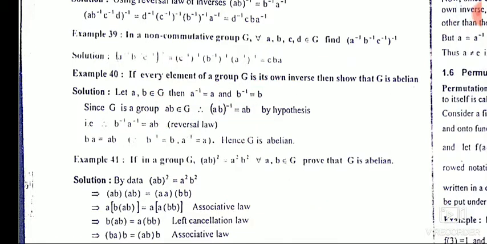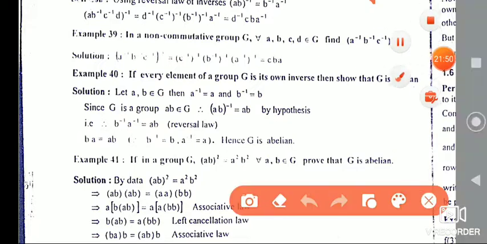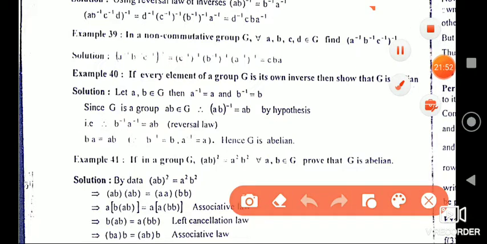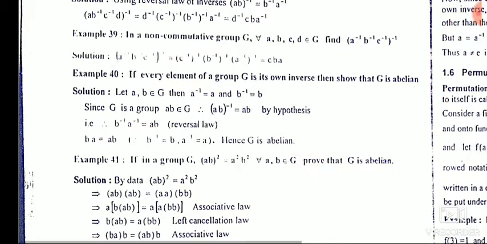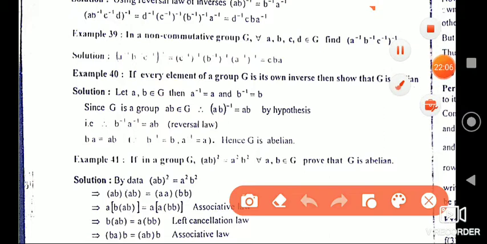But by the normal definition of inverse, we always have (AB) whole inverse equal to B inverse A inverse. So for the left hand side we use that, (AB) whole inverse is equal to B inverse A inverse, and the right hand side will be the same, AB.